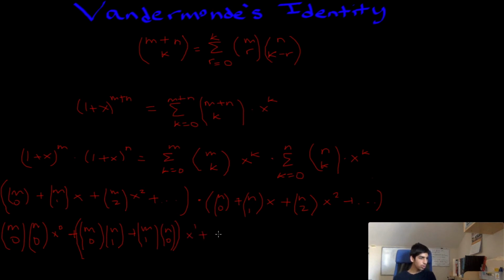And then finally, this coefficient would be really long, so hopefully I can fit it in here. So we would have m choose 0 times n choose 2 plus m choose 1 times n choose 1 plus m choose 2 times n choose 0, and that's all multiplied by x squared.